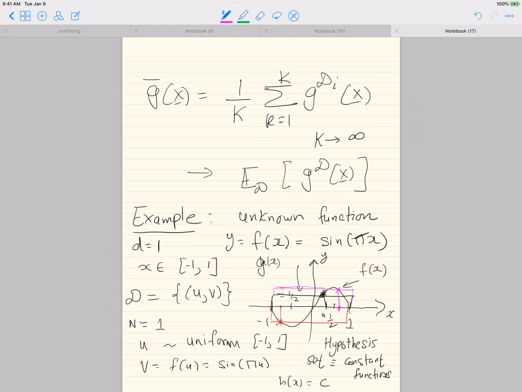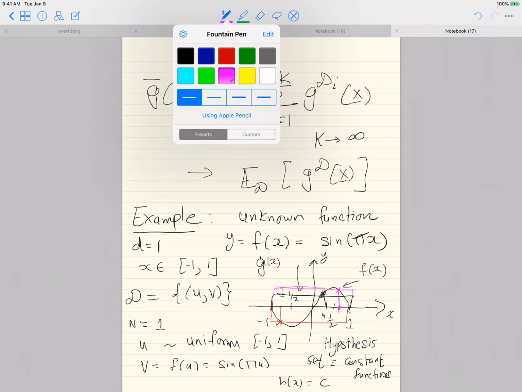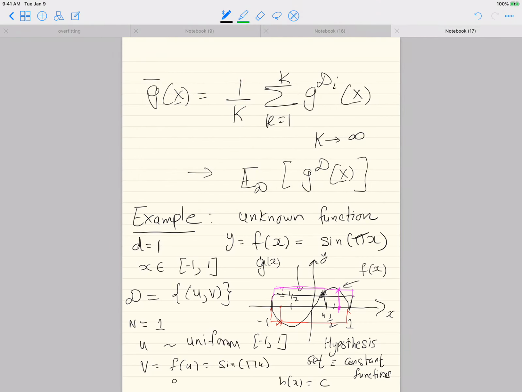The output g of x that we will produce, g_u of x, just to emphasize that it is with respect to this input, will be sine of pi u. Or not sine of pi. It's just, let's write it as v. It is sine of pi u, but for simplicity, we'll write it as v.